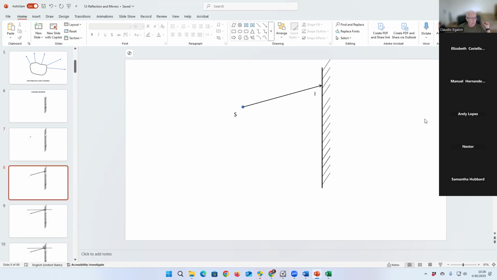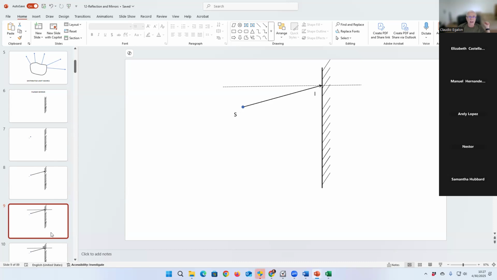There's an angle for the incident light ray, and the angle of the incident light ray is taken with respect to the normal of the surface of the mirror.